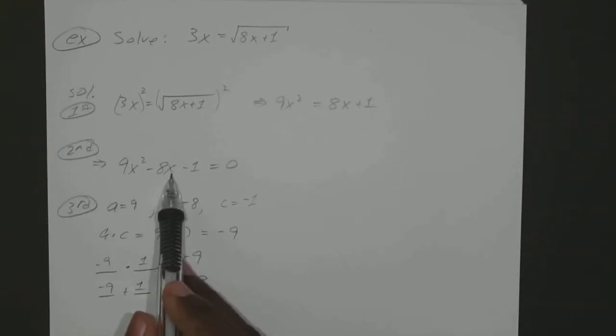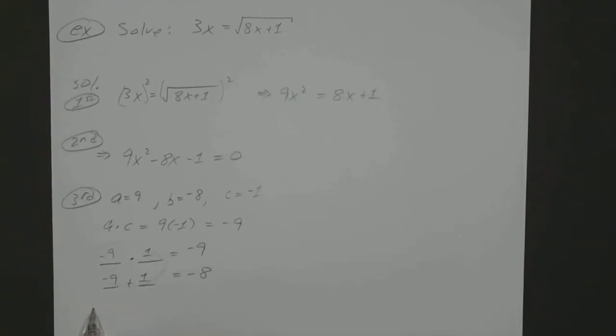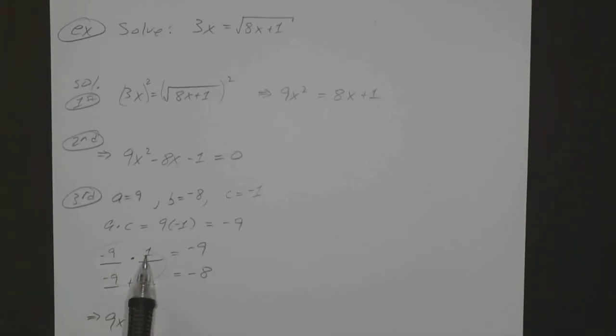Okay. And then we rewrite that, replacing it with those two numbers. So we end up with 9x squared minus 9x plus 1x minus 1 equals 0.